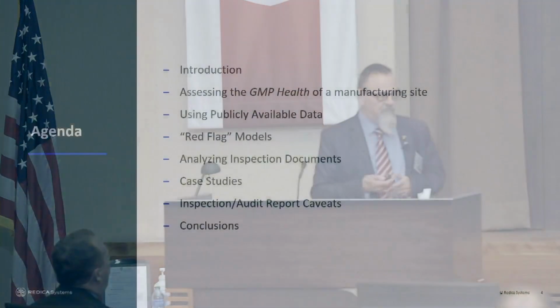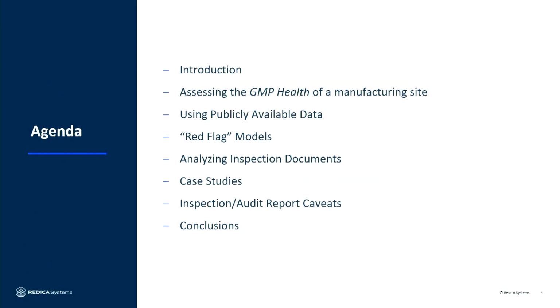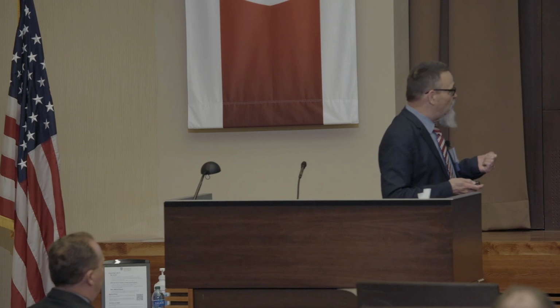And then I'd like to spend a few minutes talking about inspection and audit report caveats, because a lot of us use those reports, right? Whether they're our internal auditors or inspections by a regulatory agency, we use those to assess a site and how well a site's doing, and that's fine, that's good, but there are some caveats around that that are really important to remember, and so I'm going to talk a little bit about that.